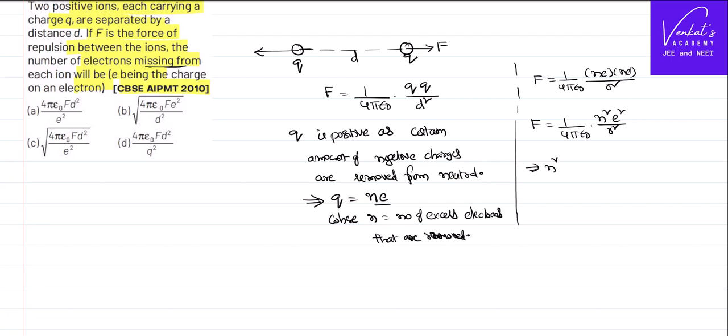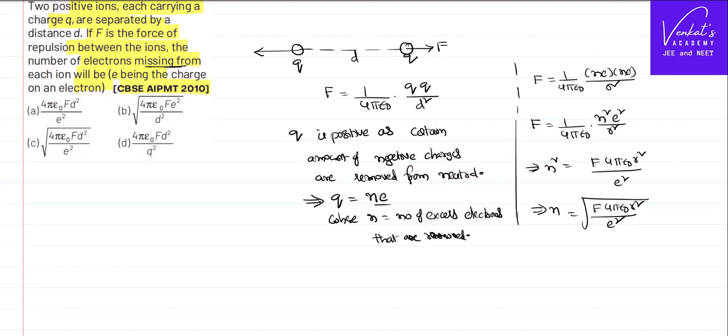That implies n square equal to F 4 pi epsilon naught r square by e square. That means n equal to, under the square root, F 4 pi epsilon naught r square by e square. That's the answer for the problem.